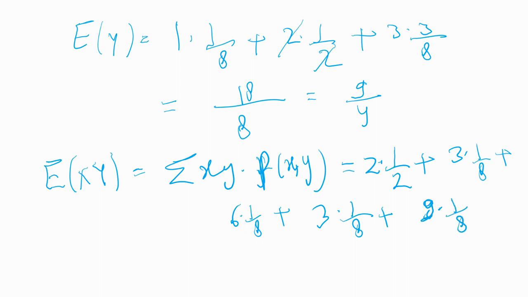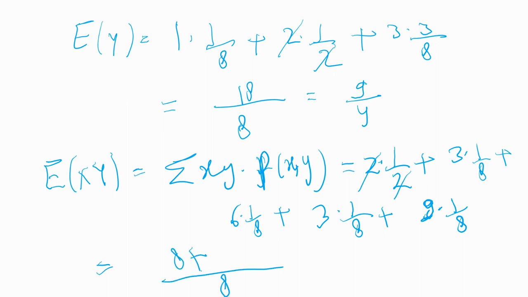Is it understood or any confusion? Do I need to repeat? Okay. So this one is just 1 plus 3 by 8 plus, okay, so we can take 8 as common.